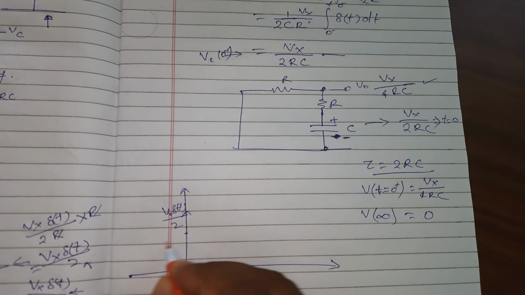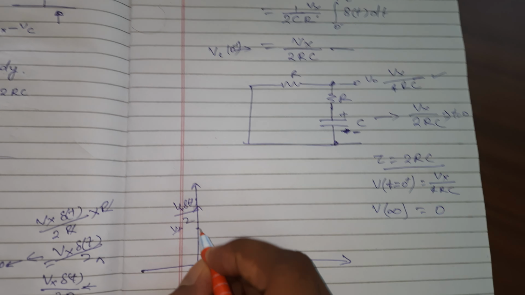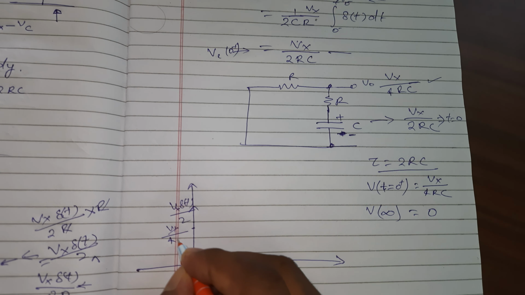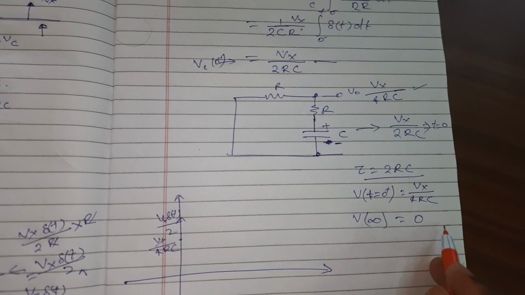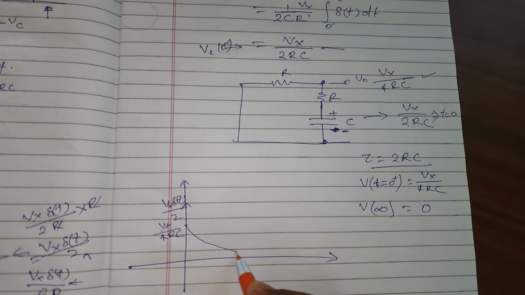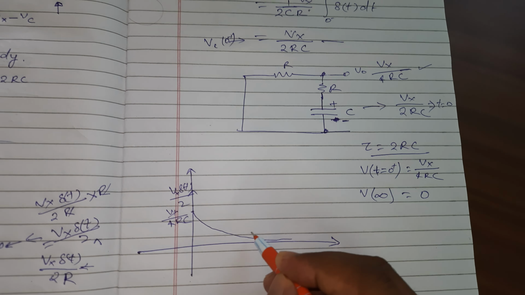Suppose it is here, Vx by 4RC, and now it will finally discharge to 0. The time constant is 2RC. Here it is t and here it is 0. So this is the required output voltage.